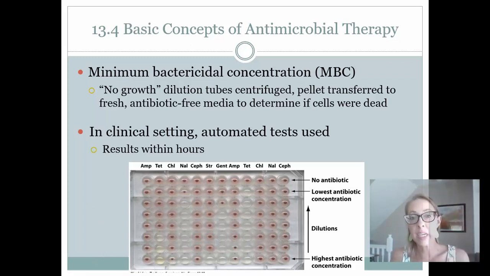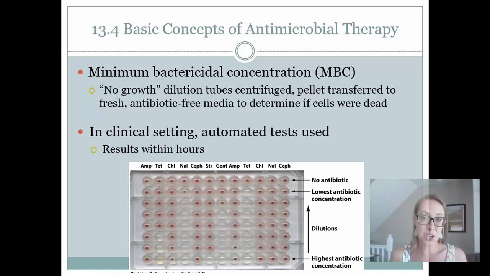These results we can get within a few hours, and it's because we don't need our cells to grow up and divide enough for us to see them. This media has lots of different antibiotics that are being tested at the same time, and the media is formulated with a pH indicator, so it will change color when our cells are growing and producing acidic byproducts.